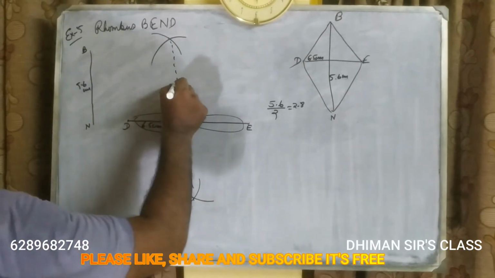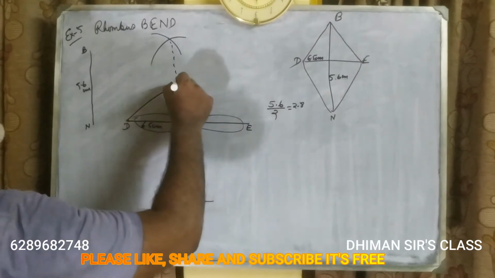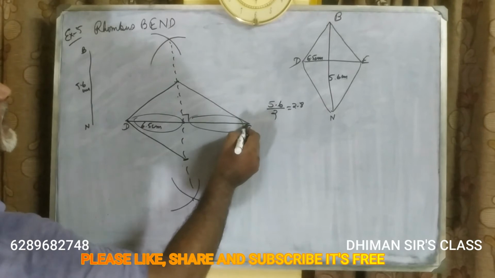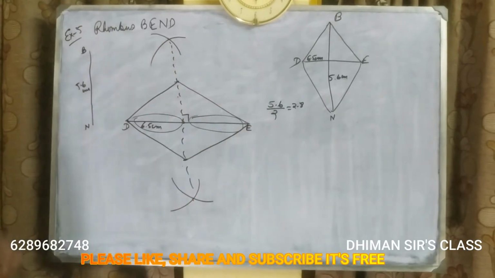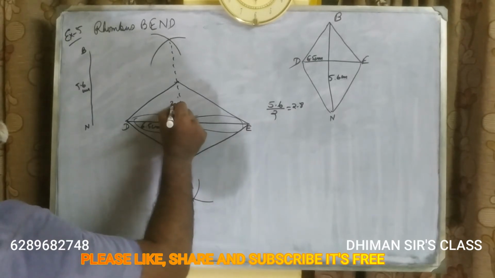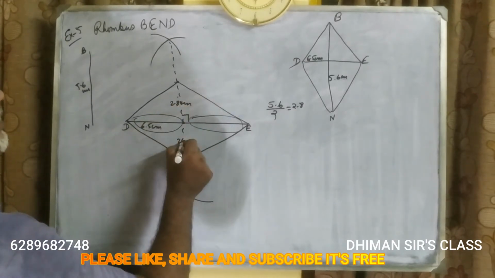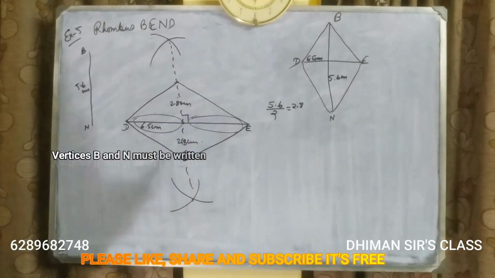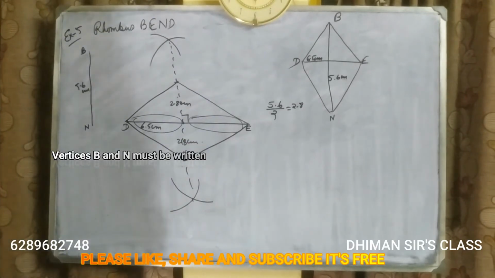Then join this, join this, join this, and join this. Here you will get the rhombus. This will be 2.8 centimeter. So finished. So now example 5 is over.